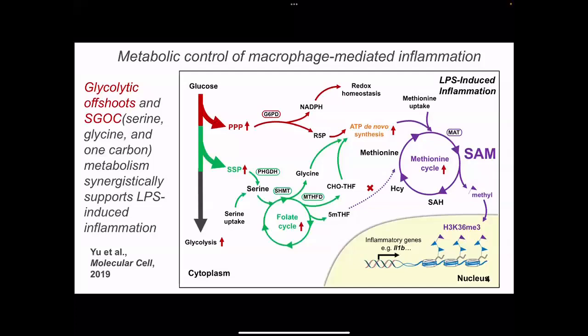And we found that the SAM generation mainly supports histone H3 lysine 36 trimethylation for IL-1 beta production. So we therefore identified a synergistic effect of glucose and amino acid metabolism on the production of SAM, which is essential for macrophage-mediated inflammation.